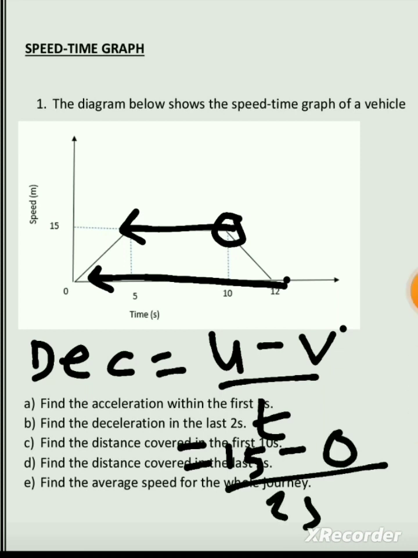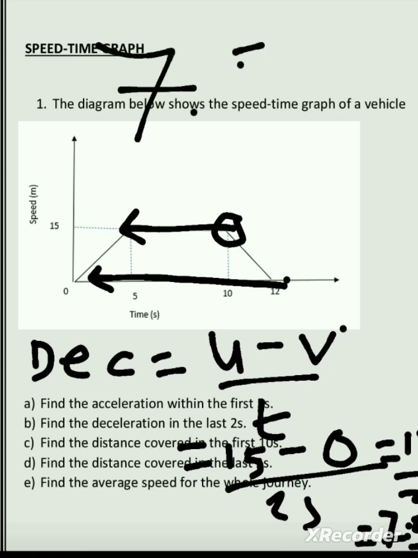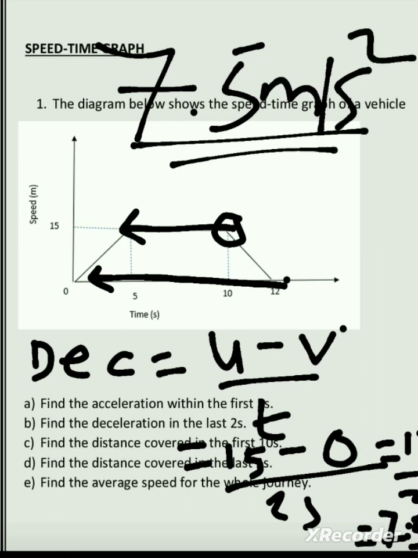So 15 minus 0 is 15 over 2. 15 over 2 is 7.5. You have to put the units, meters per second squared. So the final answer is 7.5 meters per second squared. So that's how to find the deceleration.